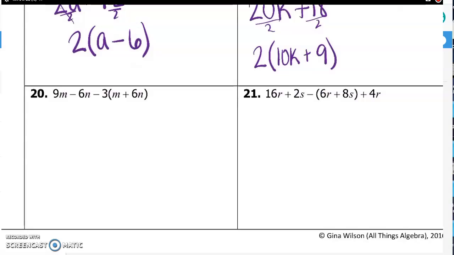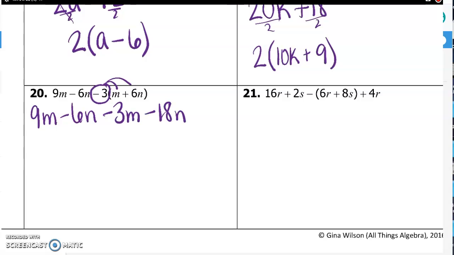Number 20, write these first steps down, 9m minus 6n. You're distributing a negative 3, so minus 3m minus 18n. So put our m's together. 9 minus 3 gives us 6m.